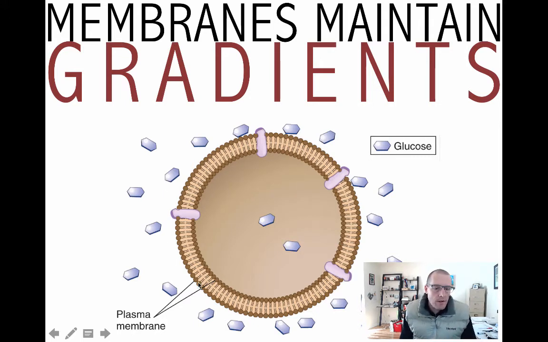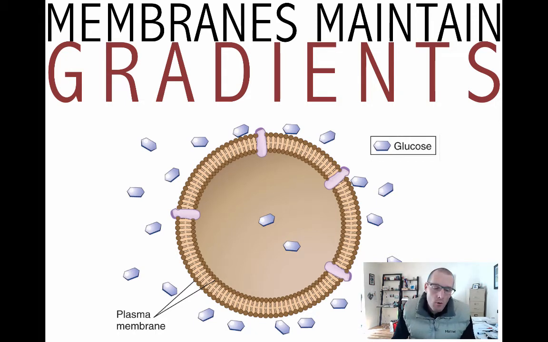Outside the membrane is a high concentration of glucose, and inside the membrane it's a very low concentration of glucose. So what we have is a concentration gradient across the membrane. If we think about what the glucose is going to do, there's going to be random movement of glucose in all kinds of different directions.